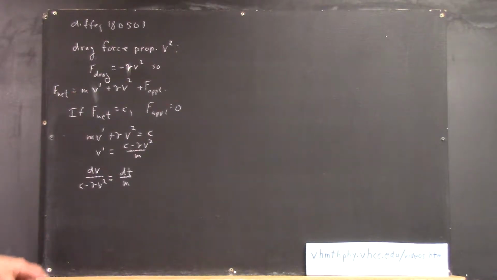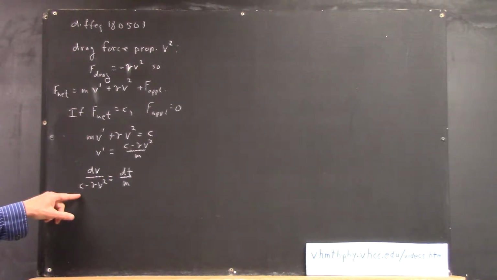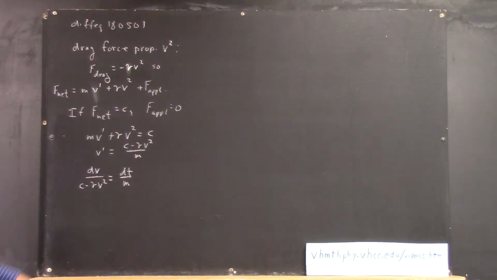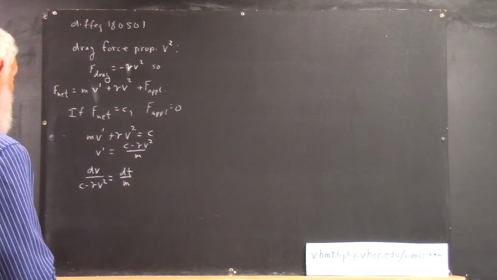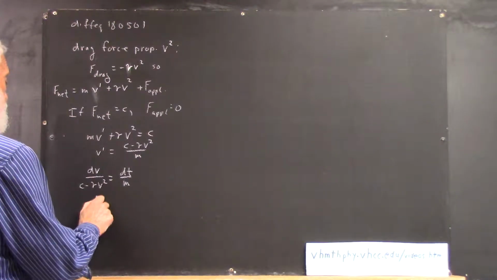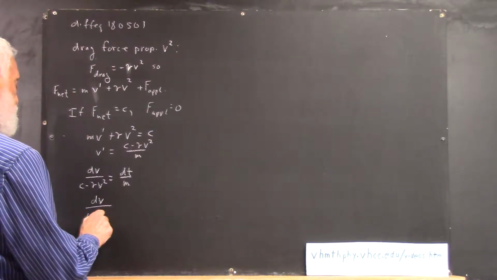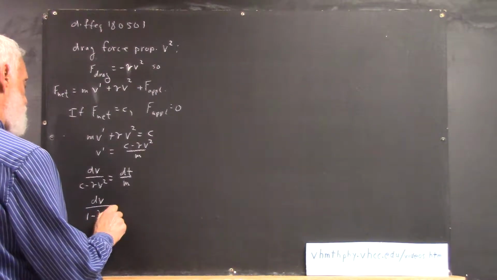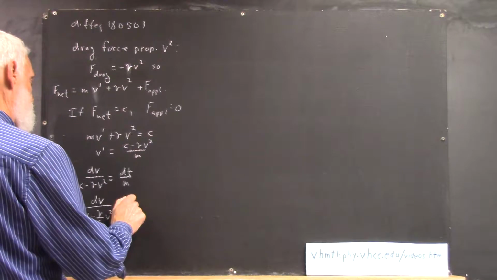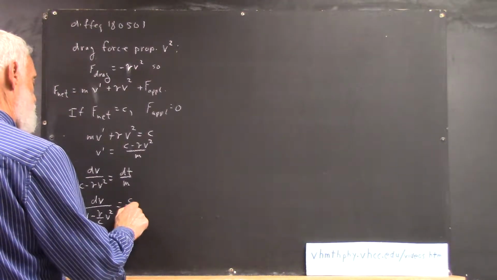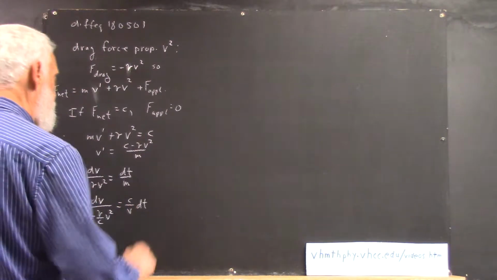What I really want to do is factor the c out here. So I want to multiply both sides by c. And that gives me dv over 1 minus gamma over c v squared equals c over m dt.